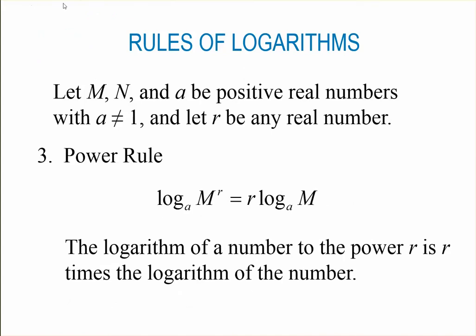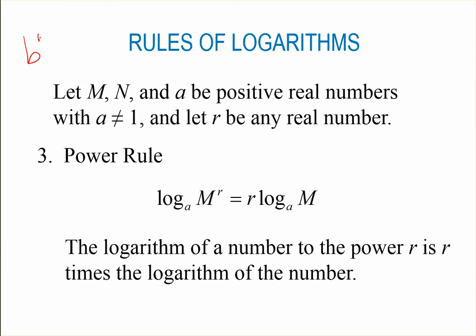Okay, next one. The power rule here. Log base a of m to the r power. The exponent of the number becomes the multiplier to the number itself. All right, what rule does that correspond to? I think it's this one right here.